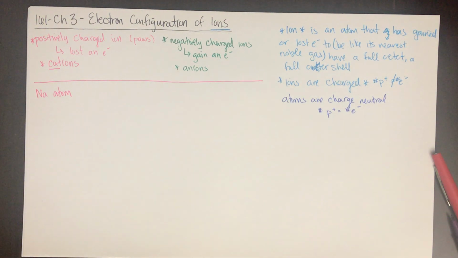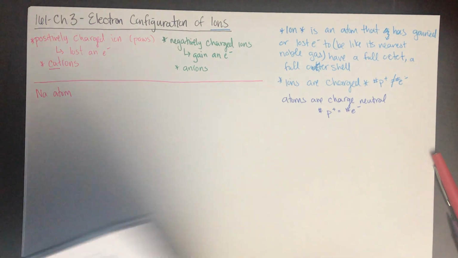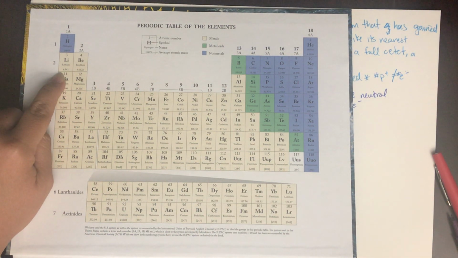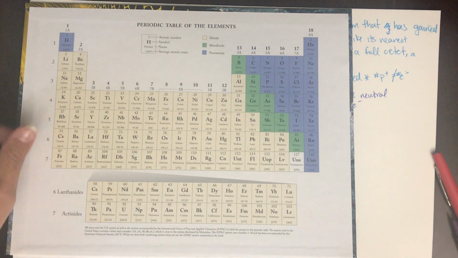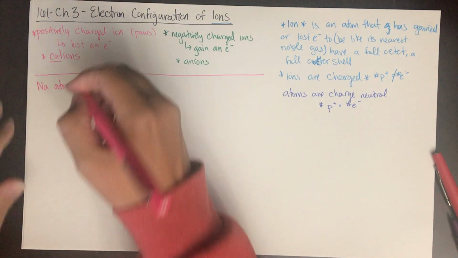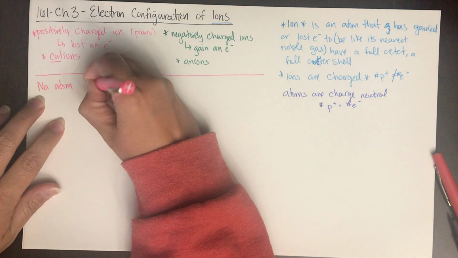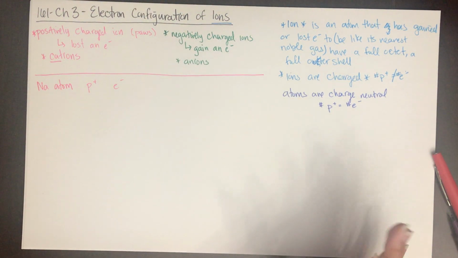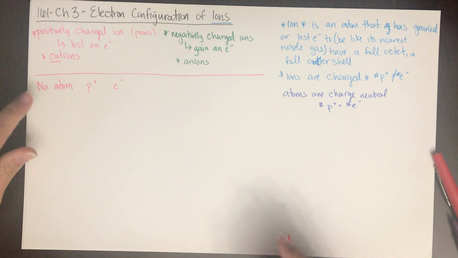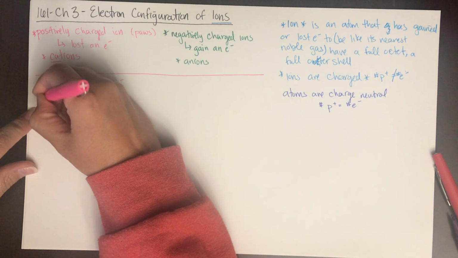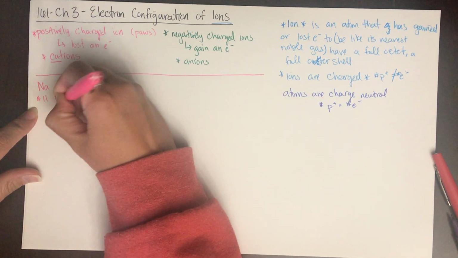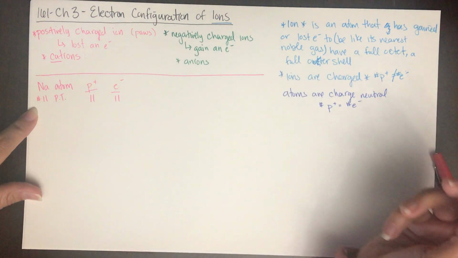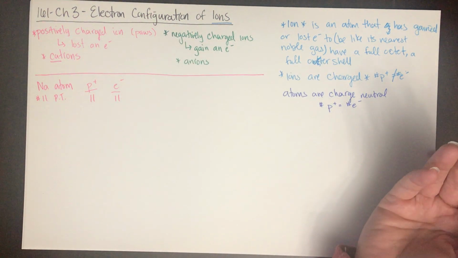The sodium atom is number 11 on the periodic table, which means it has 11 protons. How many electrons does it have? We don't care about the neutrons for this because they're neutral. So it has 11 protons and 11 electrons because it's charge neutral.